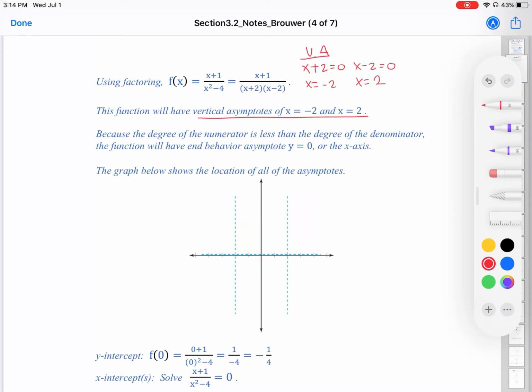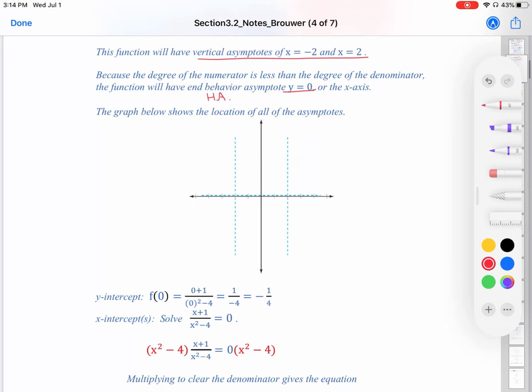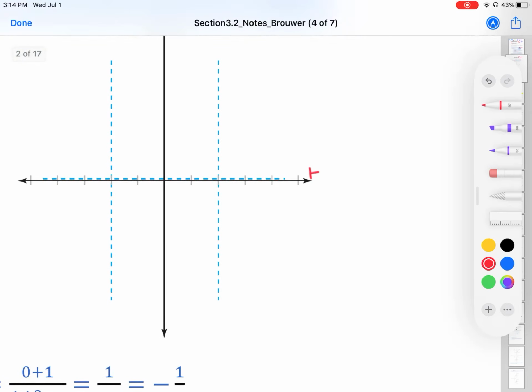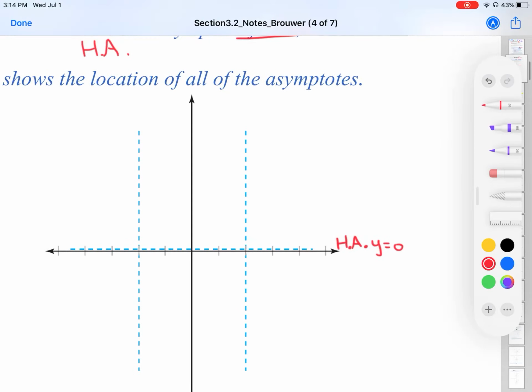Because the degree of the numerator is less than the degree of the denominator, the function will have an end behavior asymptote, also known as a horizontal asymptote, at y equals 0, or the x-axis. So far we've drawn our asymptotes. If you look closely, we have a horizontal asymptote at y equals 0, and we have our two vertical asymptotes.